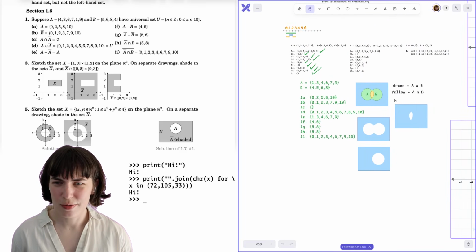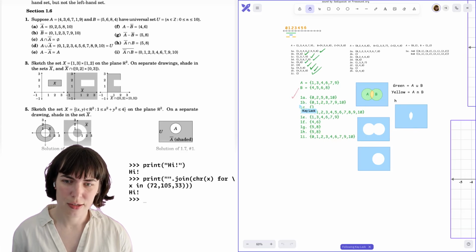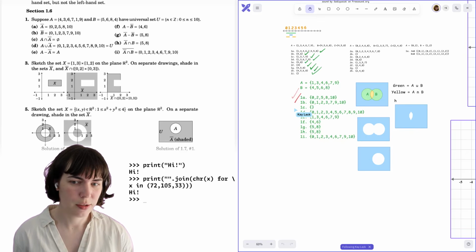All right, what did I do again? I think I did the first group. I'll use my red pen. 0, 2, 5, 8, 10. 0, 1, 2, 3, 7, 9, 10, that's right. Empty set, that's right. All of the numbers, that's right.